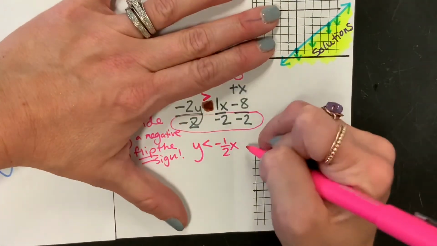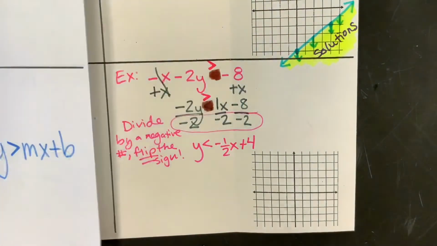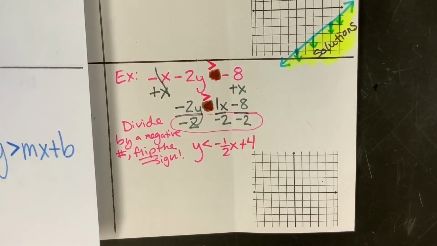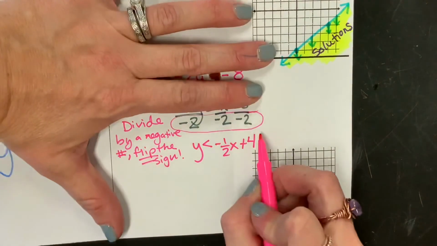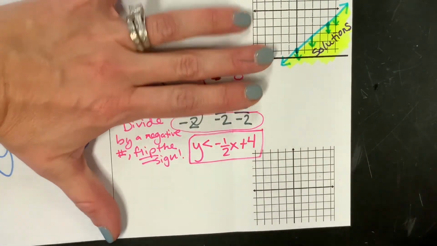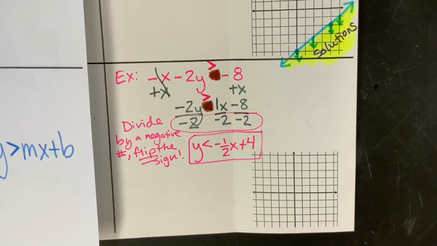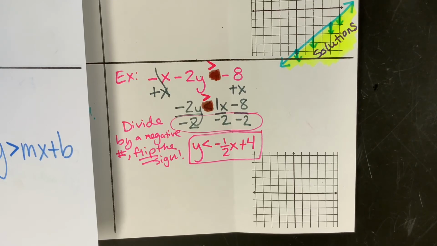Yes, +4. So now here's my line in slope-intercept form. What I did is I was trying to make that step happen, and I was like, oh, I don't need to change everything around so I can make sure I divide by the negative. But I didn't change the sign. Whoopsies.